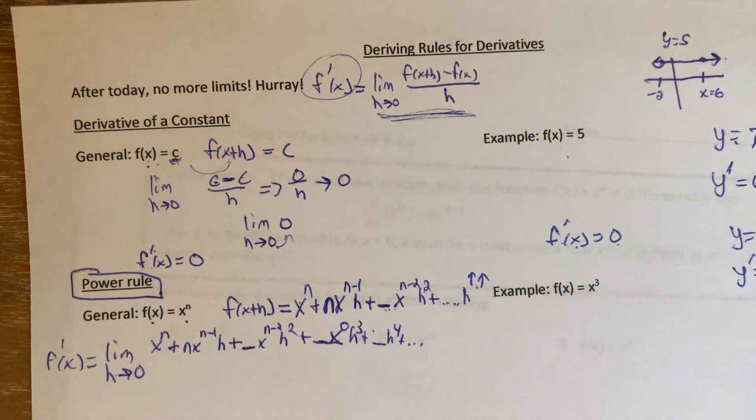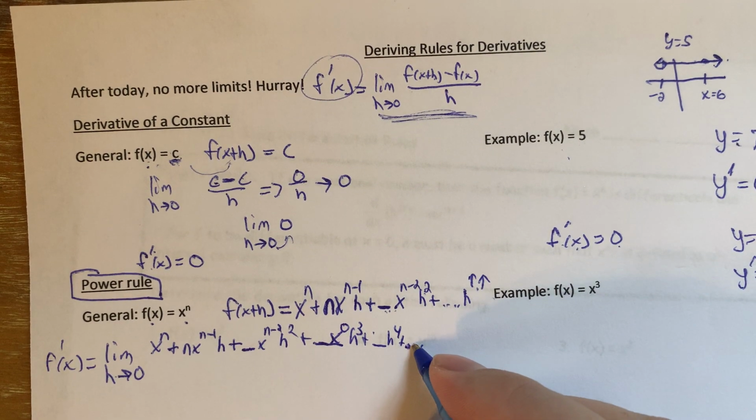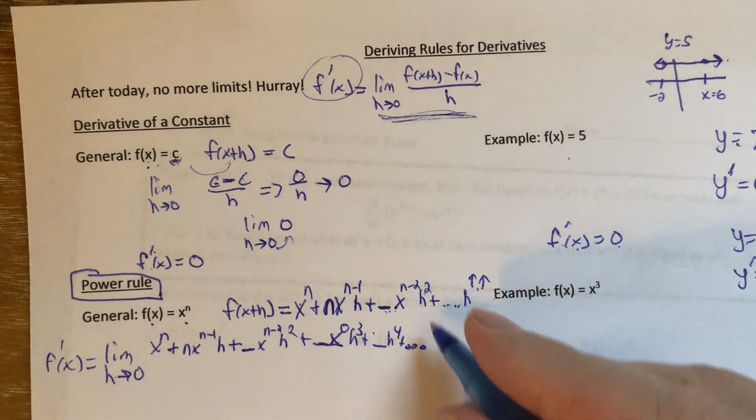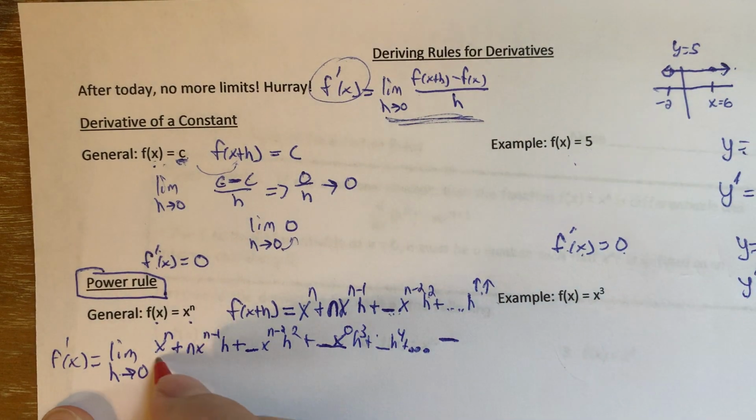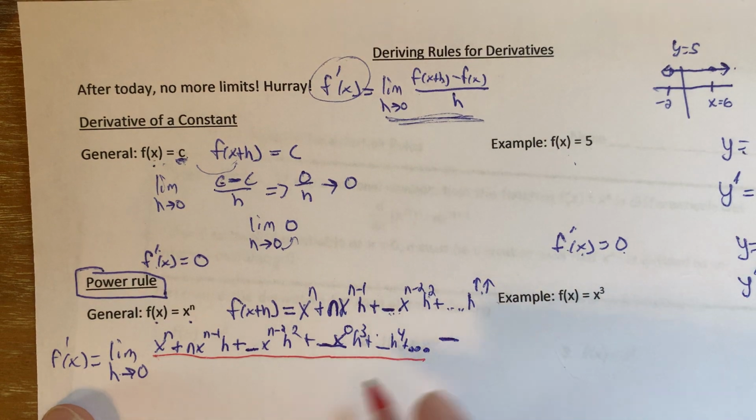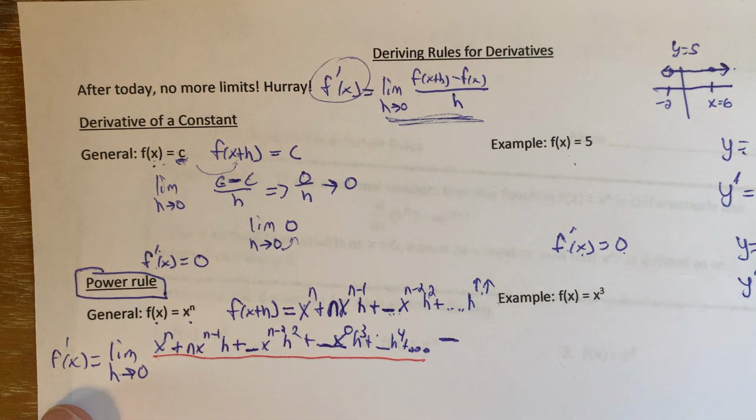We don't even know because we don't know how big n is. But I'm okay with this dot, dot, dot, and you'll see why in a second. Minus f of x, which is x to the n.